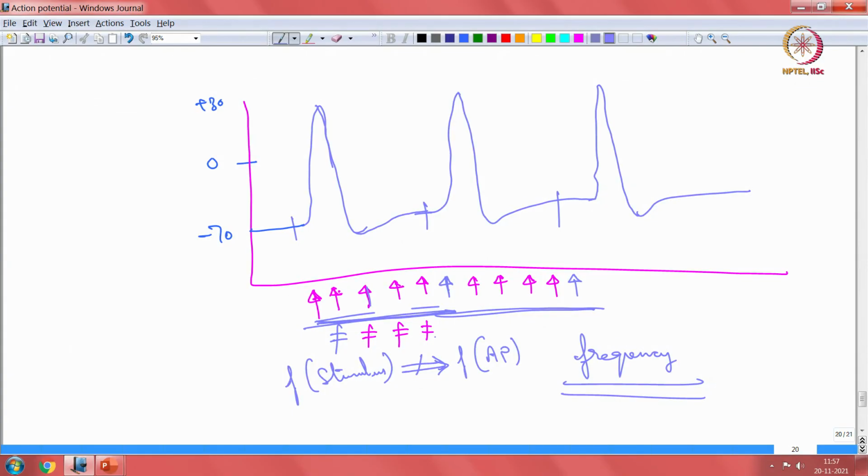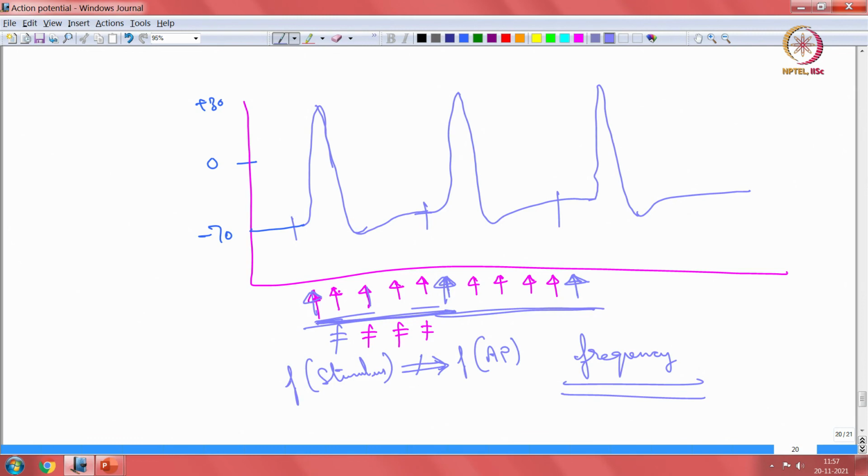But there is a particular thing which has to be understood: suppose the frequency of stimuli itself is only here, then the frequency of input is equal to the frequency of output, that is, the ratio of stimulus to action potential is equal to 1.